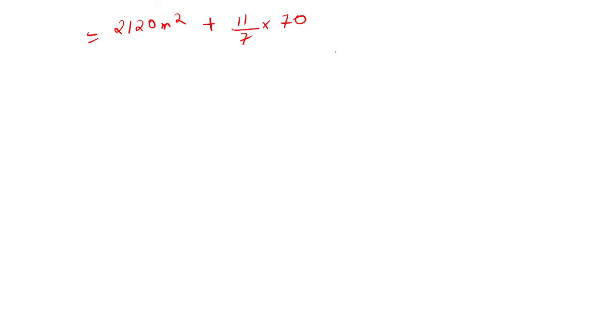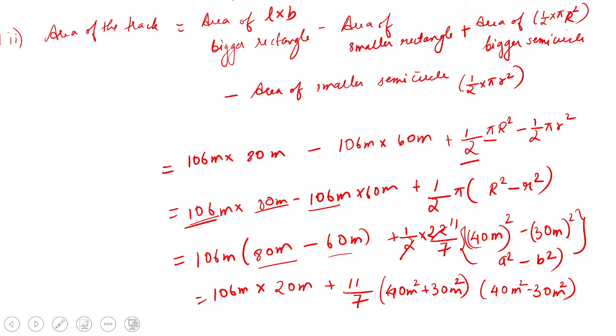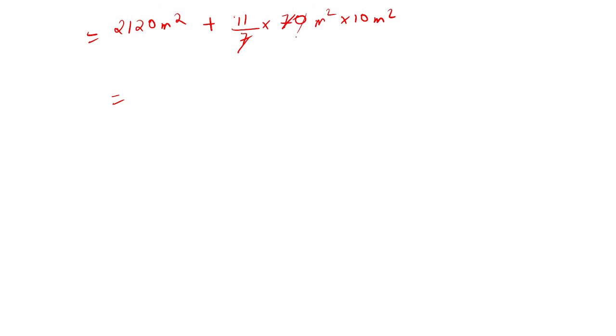So this is going to be into 70 meters square into 10 meters square. So you cancel this out, and 7 into 7, okay. So sorry, this is going to be, okay, all right, so this is going to be 2120 meters square plus, this is going to be 10, okay.